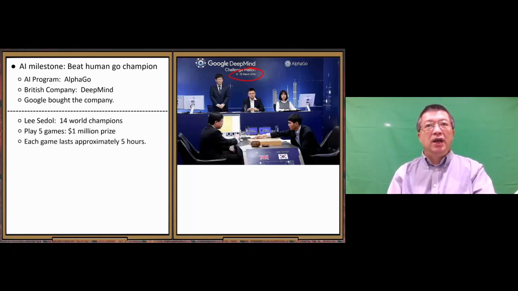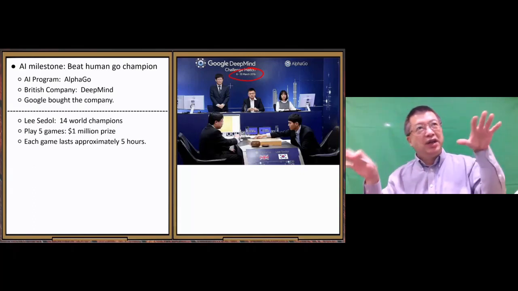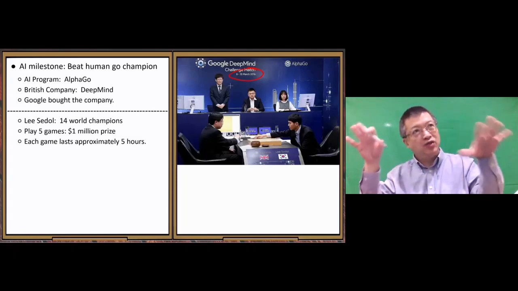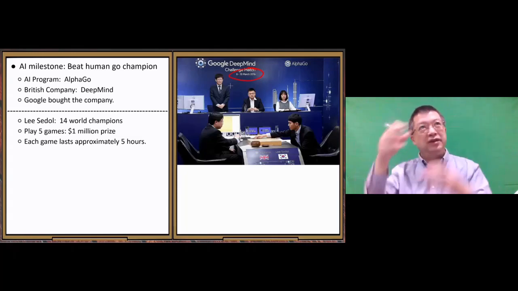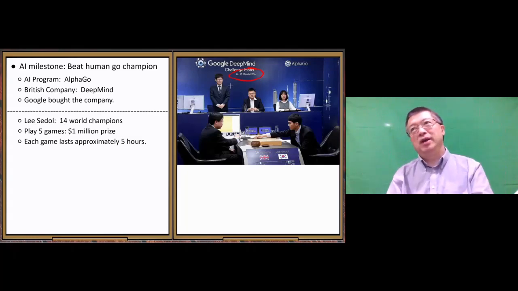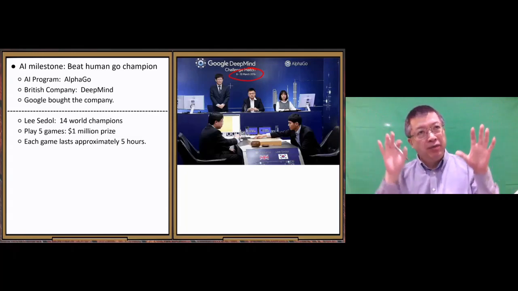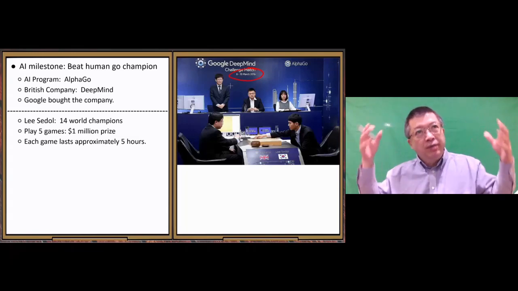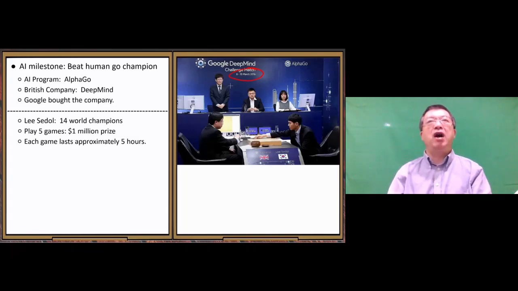Each game lasts approximately 5 hours, because each side has a 2-hour clock. After 2 hours, you have to make each move within 1 minute. So put together, it is approximately 5 hours for the whole game.